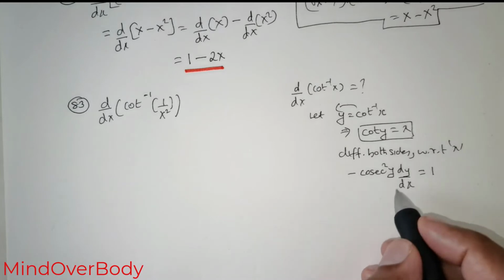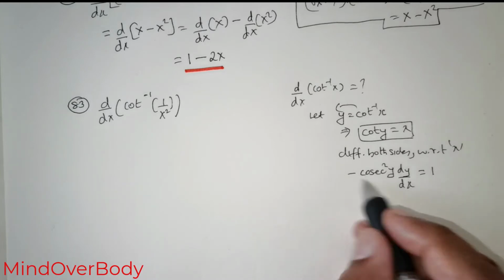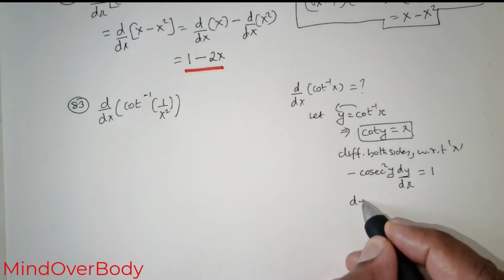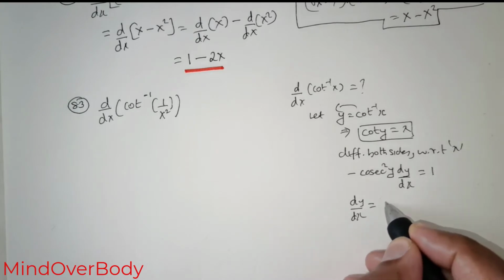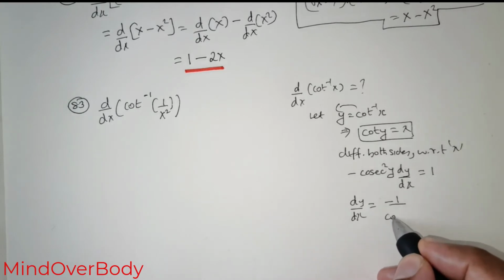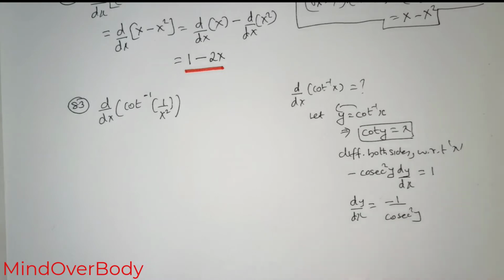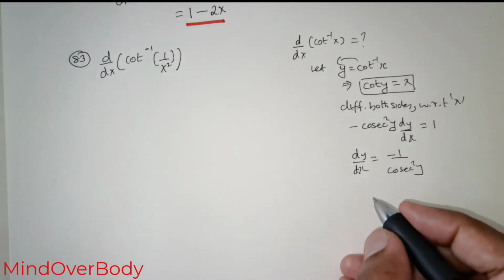Now let me push this negative cosecant squared y to the right. So dy over dx is equal to negative 1 over cosecant squared y. But what is cosecant squared y exactly?